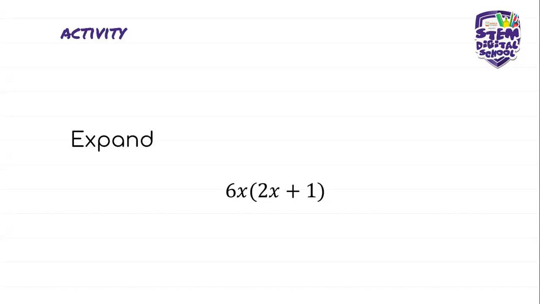Apart from Unkabetsi, the learner again, SD, also found 12x to the power of 2 and then plus 6. Yes, that's correct. Thank you very much indeed, Unkabetsi. Kwezi also found that when she expands, then 6x times 2x is 12x squared, and then plus 6x.